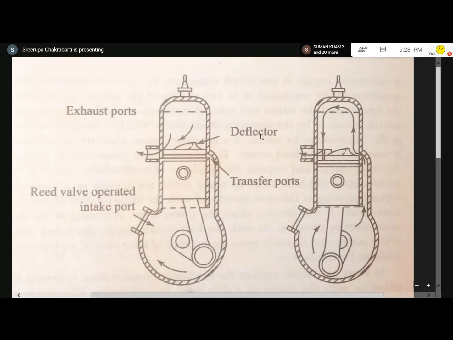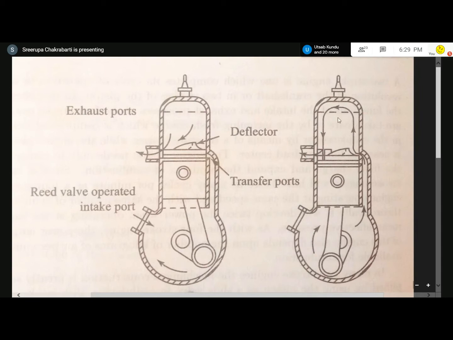As you know, when the piston was coming down, when this port was not uncovered, the gas was moving out. This is the exhaust process, but the exhaust process was not complete when the piston uncovers this port. The gas enters, takes this path along the deflector, moves to the top of the cylinder, takes a rebound, and while rebounding, it drives away the products of combustion through this.